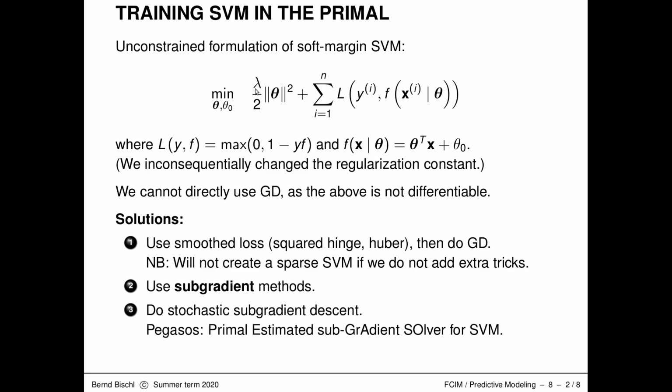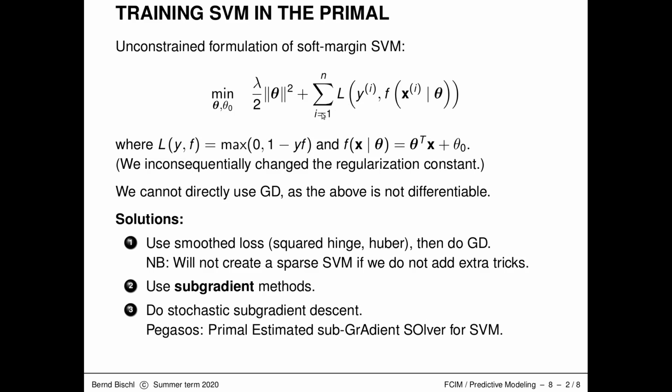I'm now using a gamma here, and I'm leaving out the C, but I hope you can immediately see that this doesn't matter. It doesn't really matter where I put the weighting constant. I have to hyperparameter optimize this anyway, and it doesn't really change whether I weight this term up or that one. The reason why I'm doing this is because the next algorithm is traditionally presented in this form.